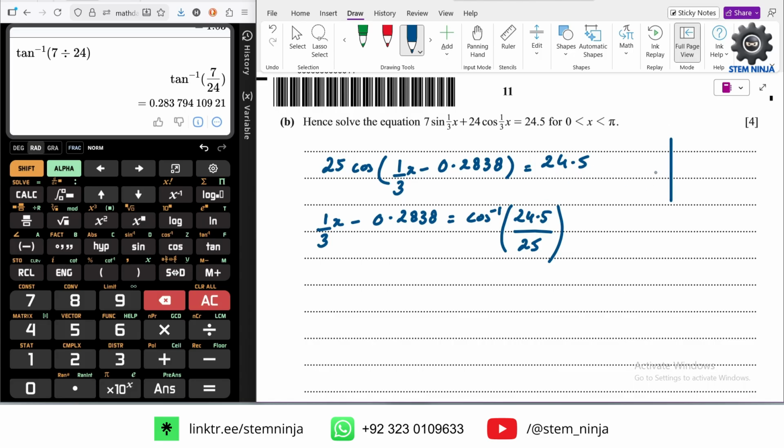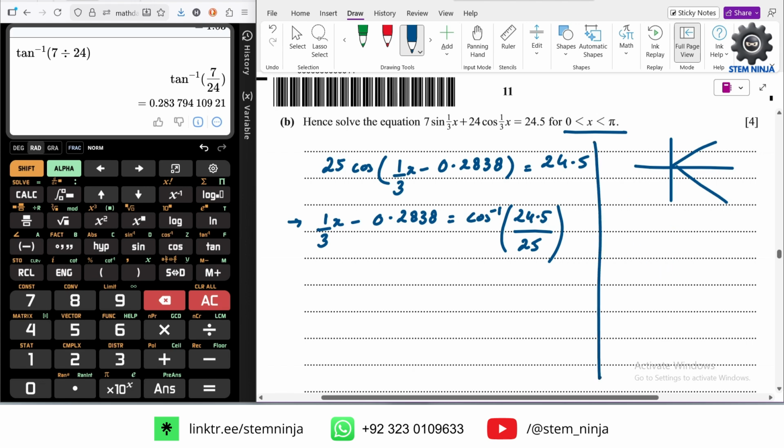Okay, now before we actually find the ranges, we need to recall a few things. Since the value of cosine is positive, this only happens in the first and the fourth quadrant. But what range do we need to look for answers for this particular value, for the inverse cosine? How far do we need to go?